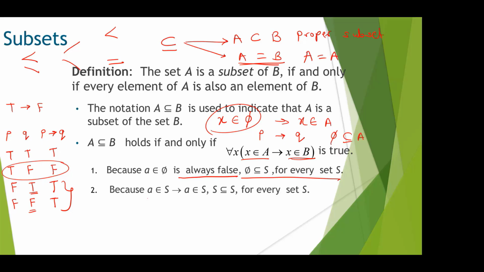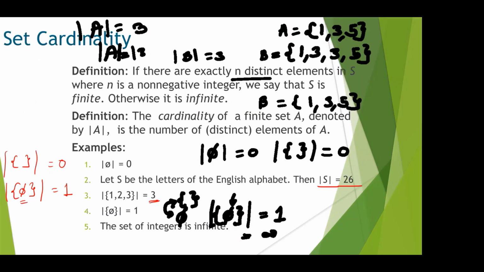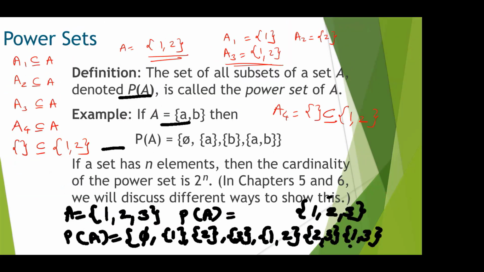Hence, false implies whatever is always true. And hence this statement is true, that null is a subset of all sets. Logically, if you look at it, a set having nothing will always be a subset of a set having something. So that's another way to look at it.